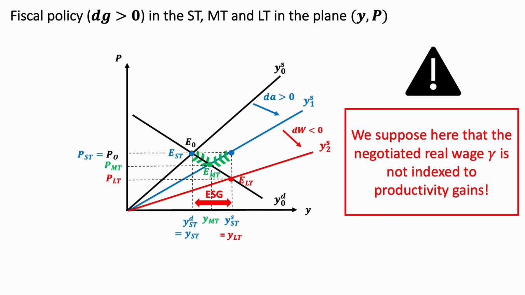This means that we assume that the negotiated real wage was not indexed on productivity gains. This assumption is very strong because the share of productivity gains in real life is likely to benefit partly to the workers and to allow for an increase in the negotiated real wage. The level of indexation would obviously affect our conclusions on the impact of the shock on prices and outputs.